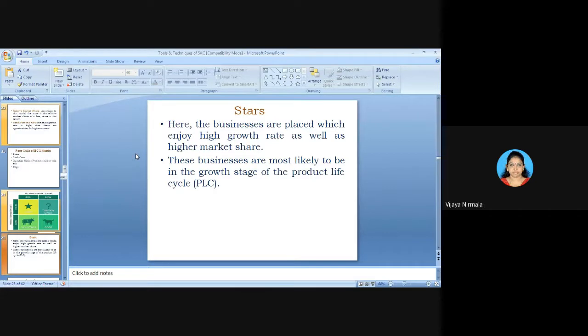Fast food, do you know fast food centers? That is more. Retailing, that also will be more. Telecommunication or petrochemicals. So these are some of the businesses which are having very high growth as well as high market share.